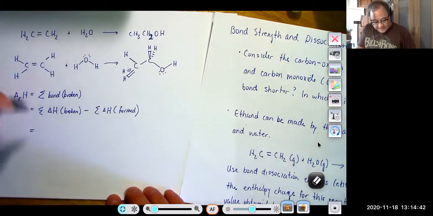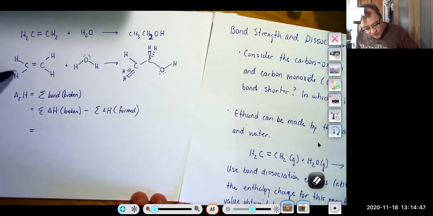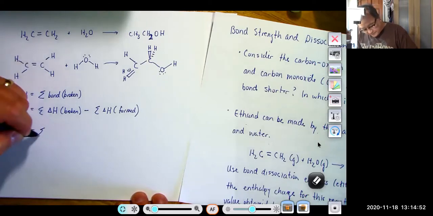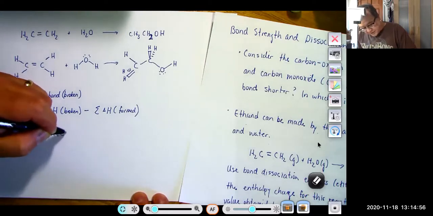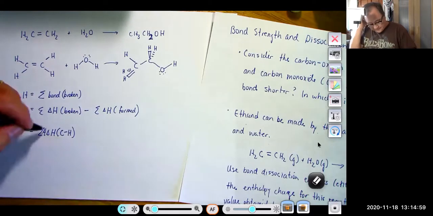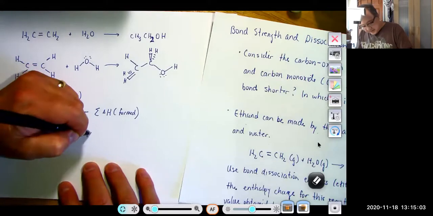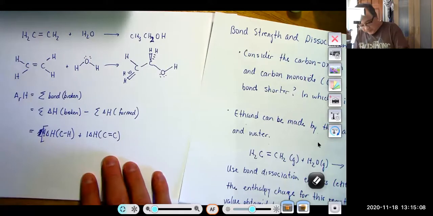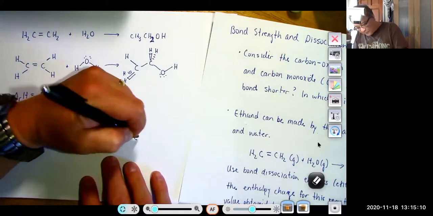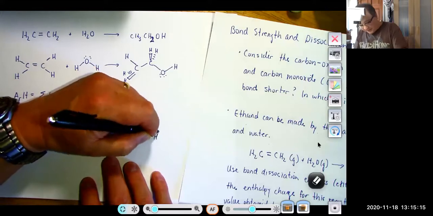So if we take a look at everything that's happening here, the bonds being broken, you can see that we have 4 carbon-hydrogen single bonds, plus 1 carbon-carbon double bond, plus 2 oxygen-hydrogen single bonds.